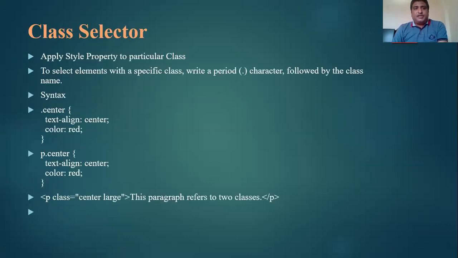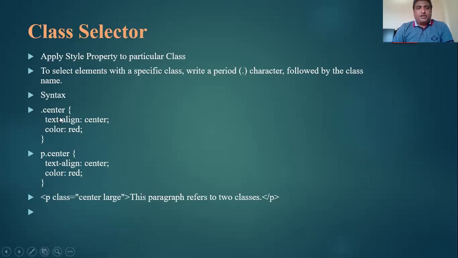Next one is the class selector. In class selectors, we apply the style properties to the particular class. Whenever we write the HTML element, at that time you can use the class attribute and assign some value to it. So this class we can define as a property. We can define its property using dot.